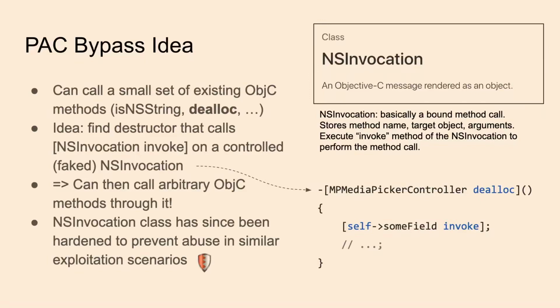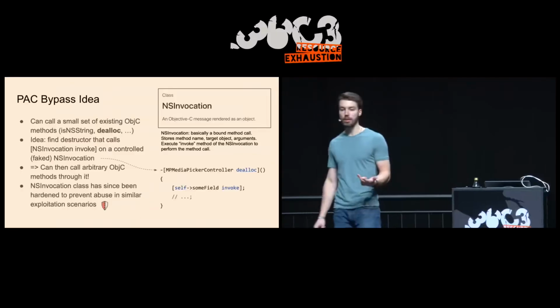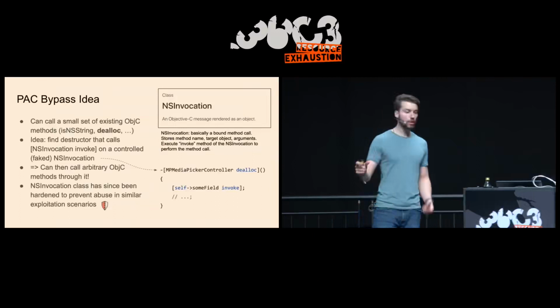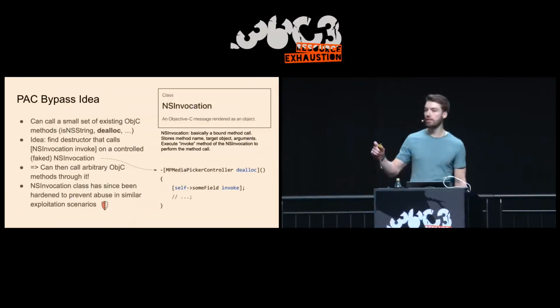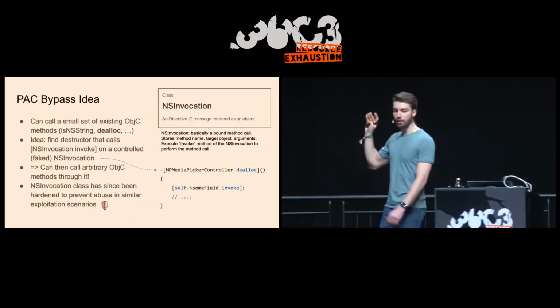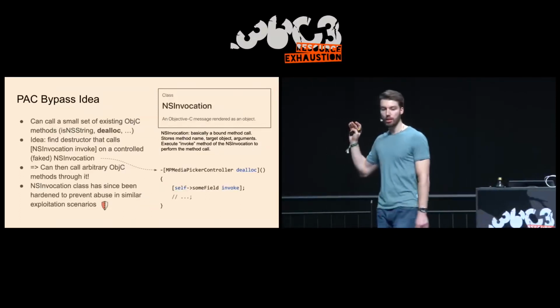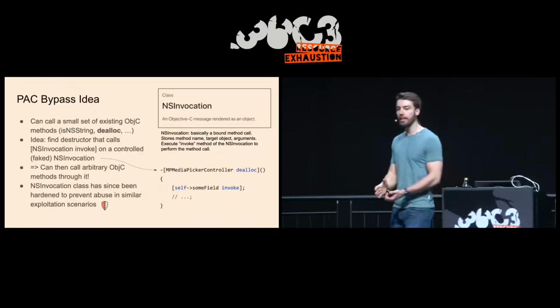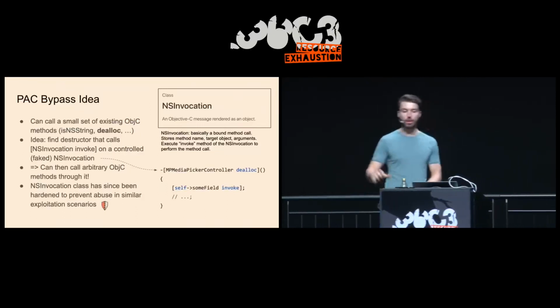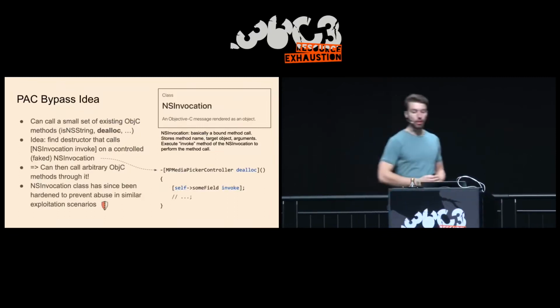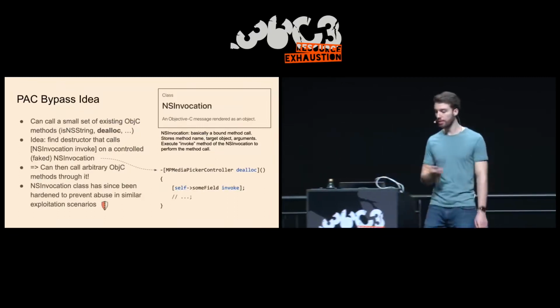And an NSInvocation is basically a bound function. So it has a target object, the method to be called, and all the arguments. And as soon as you call invoke on this NSInvocation, it does this method call with fully controlled arguments, right? So what that means is with this destructor, we can now make a fake object with a fake NSInvocation that has any method call we would like to perform, and then it's going to do that because it's running this invoke here.